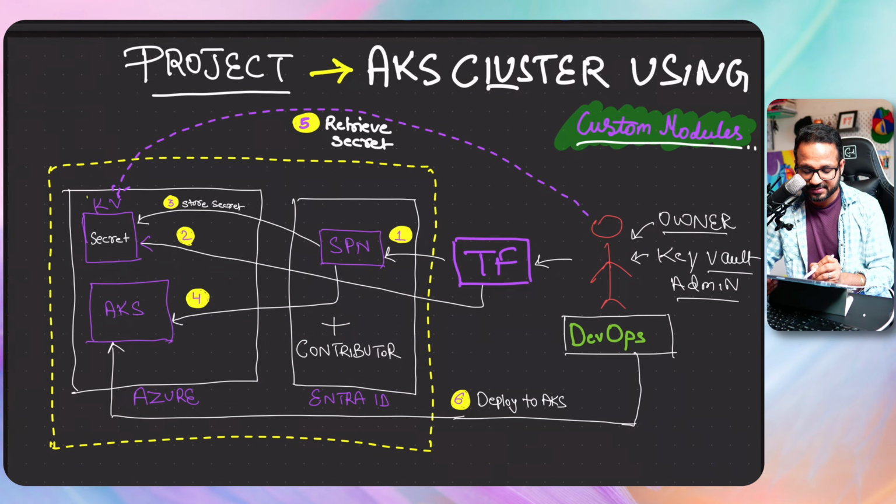The second step is we'll also create an Azure Key Vault. Why do we need it? We need it because the service principal that we created earlier creates some secret credentials, like a secret ID and password.